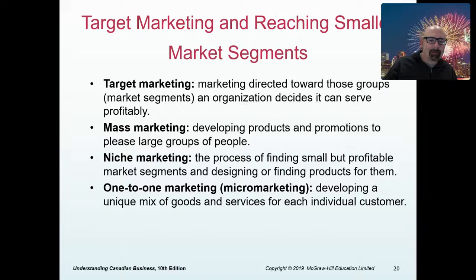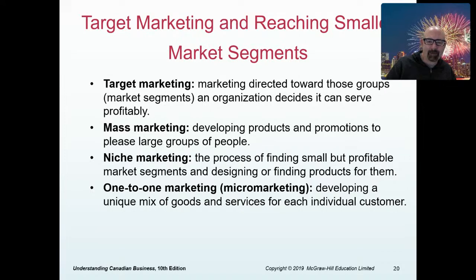Mass marketing is developing our marketing efforts to appeal to a large group of people. Mass marketing would be trying to sell to everybody in Kamloops. Target marketing would be trying to sell to university students in Kamloops.